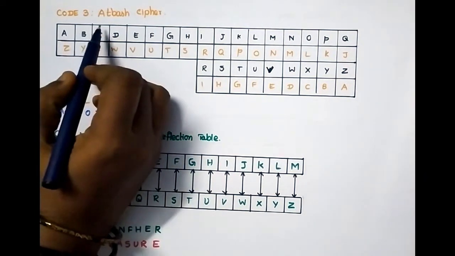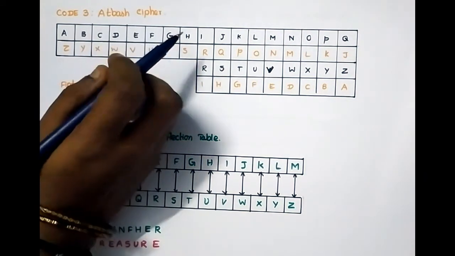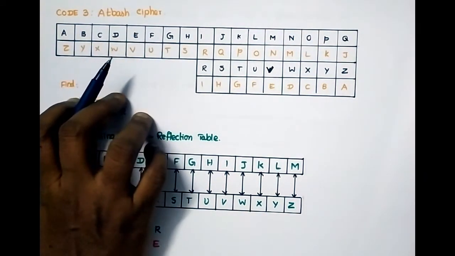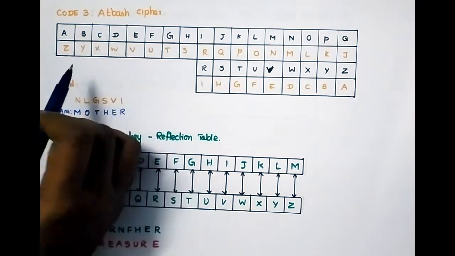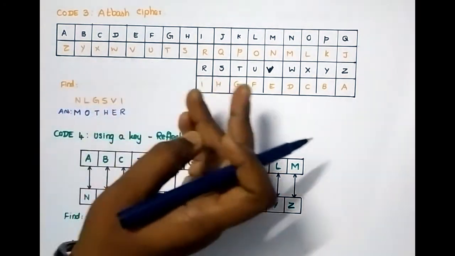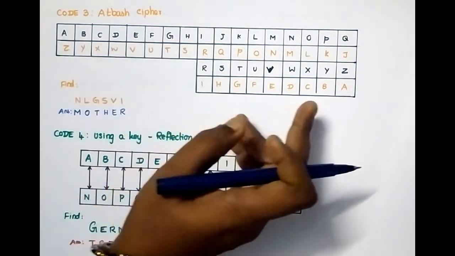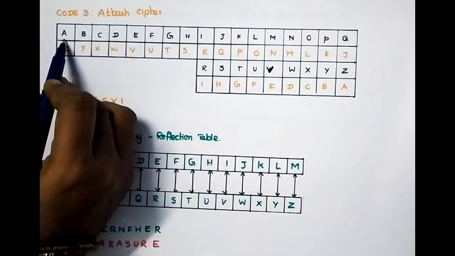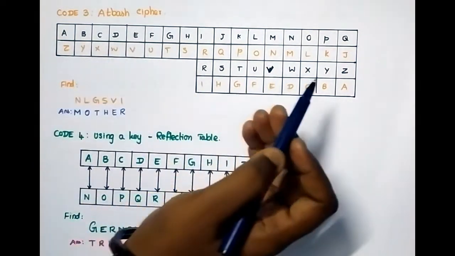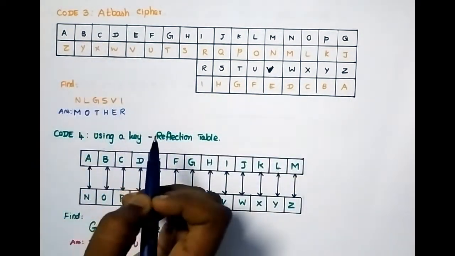Code 3, Atbash cipher. This cipher code is used like this, with reversed letters. The alphabet is given in reverse: A, B, C, D like that, reversed.